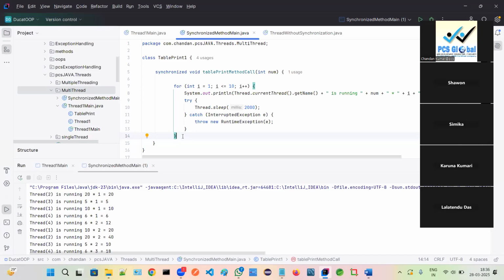That is very clever, but that thread is also very kind. Whenever it is leaving this method or resource, it thinks, I have already completed my execution. Why keep it in lock mode? If I keep it locked, others can't access it. So since I am going outside, let me unlock it.